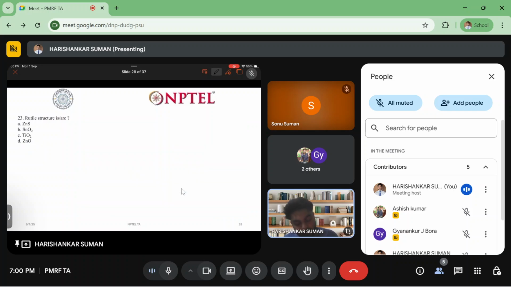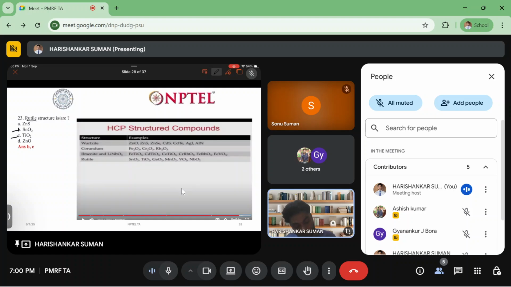So rutile structures are also SnO2, TiO2, etc. Titanium oxide, also tin oxide, B and C. You can see the examples as SiO2, SnO2, TiO2, GeO2, MnO2, NbO2, niobium oxide also. These are the examples.